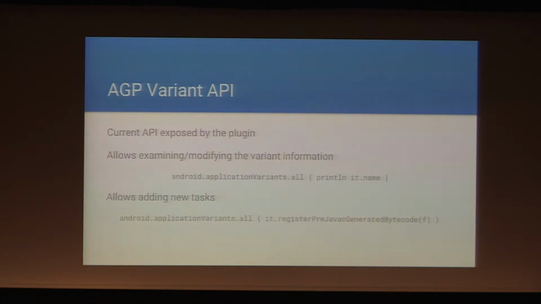You can not only change the properties associated with the variants, but you can also add new tasks. So here you can see that you can also specify it.registerPreJavacGeneratedBytecode. This basically means that if you would like to add a processing step in which you're producing bytecode that's supposed to be added to the javac class path, you should use this API to register the task.